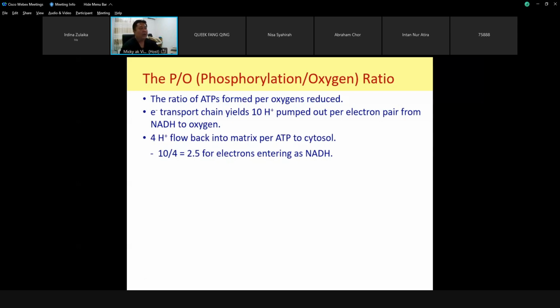Actually it's not so. The real calculation is 10 divided by the 4 that go in. So for 1 NADH, 2.5 ATP is produced.